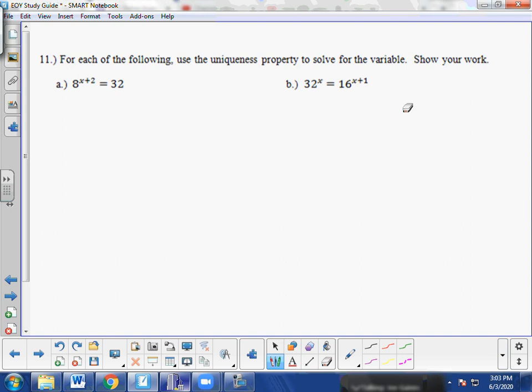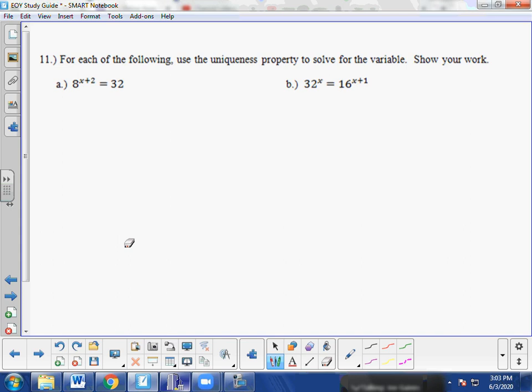Basically, the uniqueness property means that if I can get these two to be of the same base, then their exponents have to be equal. So I want to see if I can make 8 a power of a number that I can also make 32 a power of.